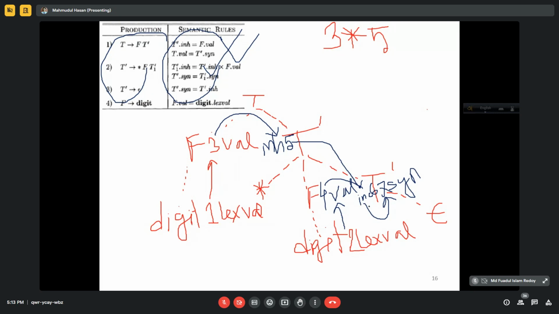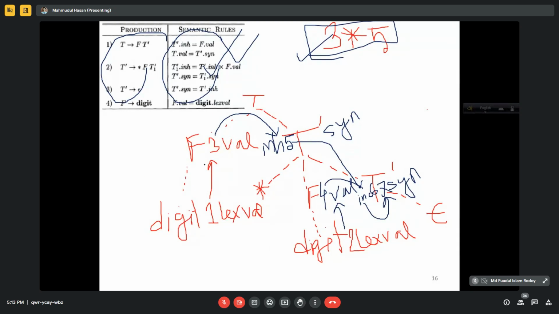Okay, then what will happen? T dot synthesized value, because for T dash there are two attributes. I showed earlier that for T dash there are two attributes each. Here I am using the same production rule, the same semantic rule, and the same input, but this one is the dependency graph, and the previous one was the annotated parse tree.